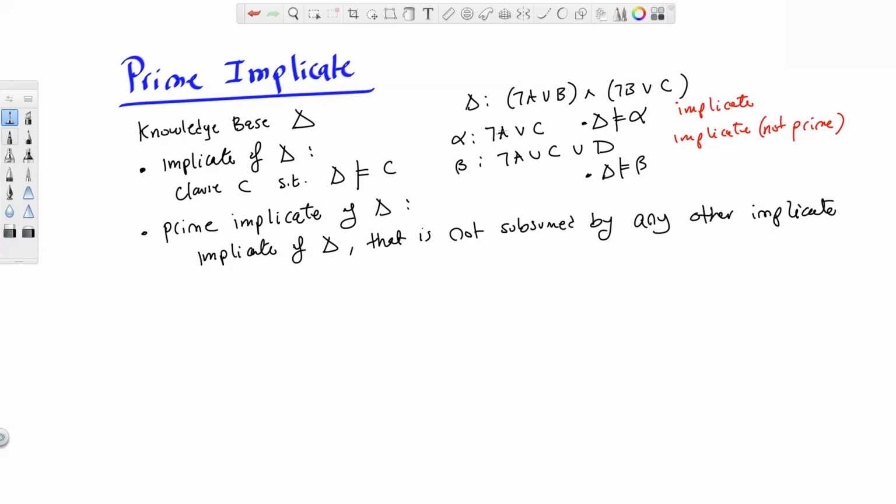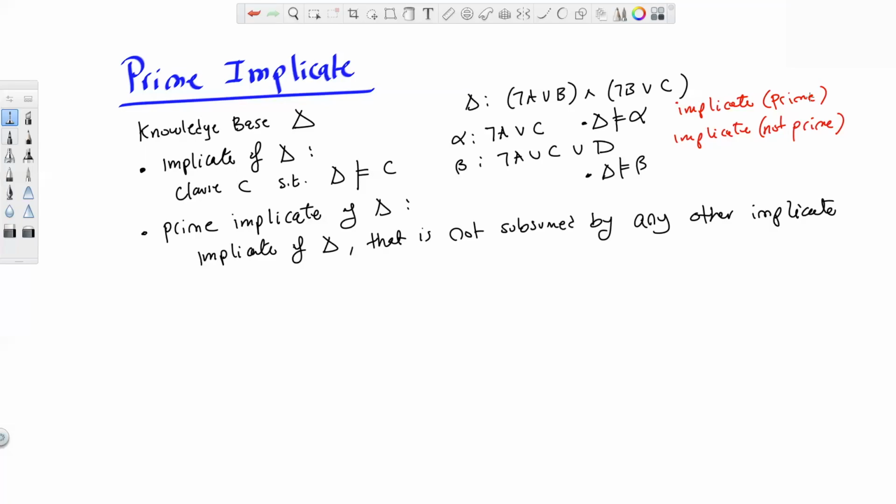The other way is you can drop not A and get C. Is C implied by this? It's not. Of course, you can drop both and get a contradiction that's not implied. So actually, this ends up being a prime implicate in this case. The short story is it is a clause that is implied by the knowledge base, and no strict subset of it is implied by the knowledge base.